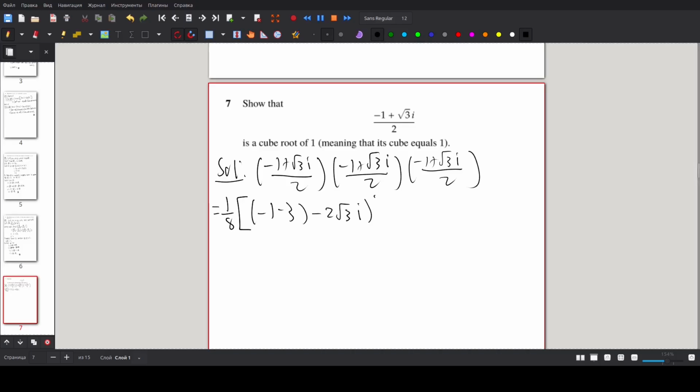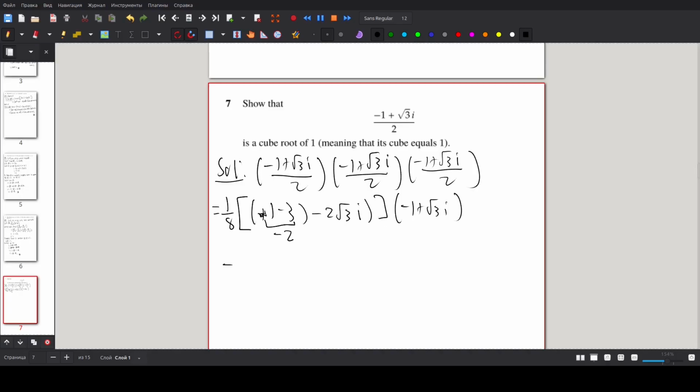So all that times another negative 1 plus square root of 3i. Oh, whoops, this should be 1. My bad. So 1 minus 3 is negative 2. And that's all we can do really.